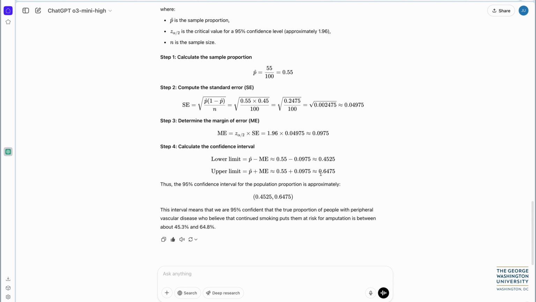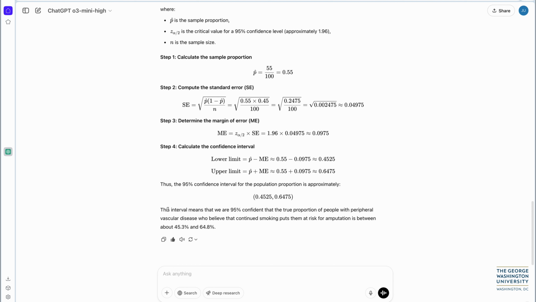The correct interpretation of a confidence interval is that if we do the study many times over, every time we'll get slightly different confidence intervals due to variability in our selection of subjects from which we get the observations, and 95% of those intervals will contain the true population proportion and 5% of them will not. In our one single study, we never know if it's one of the 95% or one of the 5%. But of course, 95% is much bigger than 5%. So the interval means that we are 95% confident.